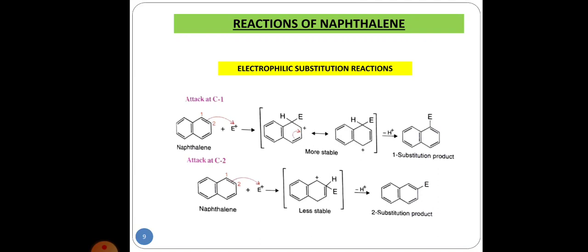Because of the more stable intermediate, which can further lead to stable compound formation, the attack at C1 is quite common in the electrophilic substitution reaction, and this is how the electrophiles attack naphthalene at the C1 position and result in stable compound formation.